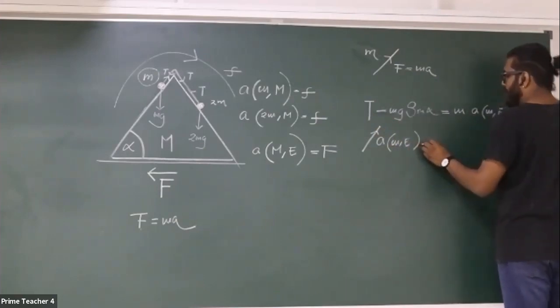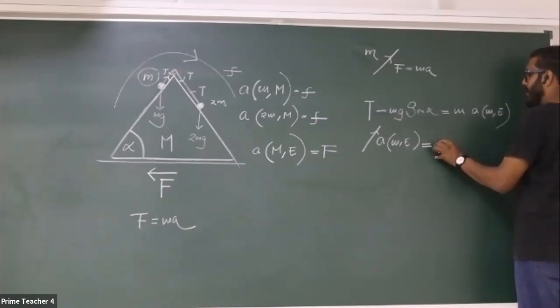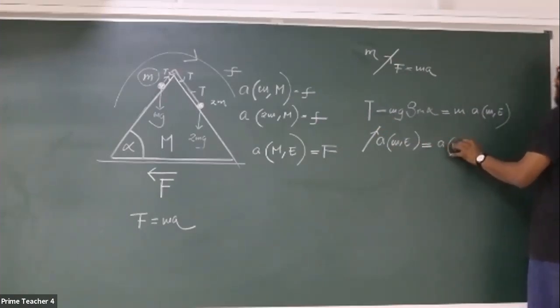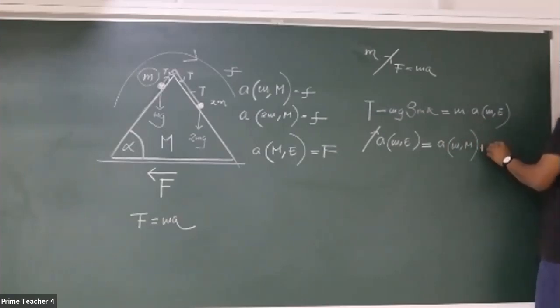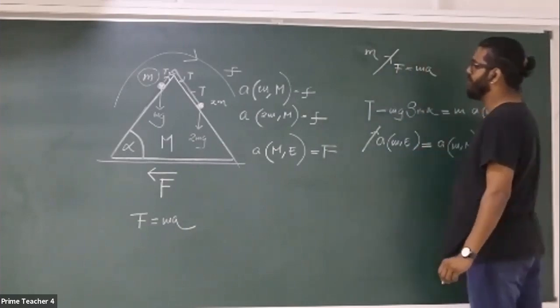By applying the principle of relative acceleration, this is acceleration of m relative to the wedge plus acceleration of wedge relative to earth.